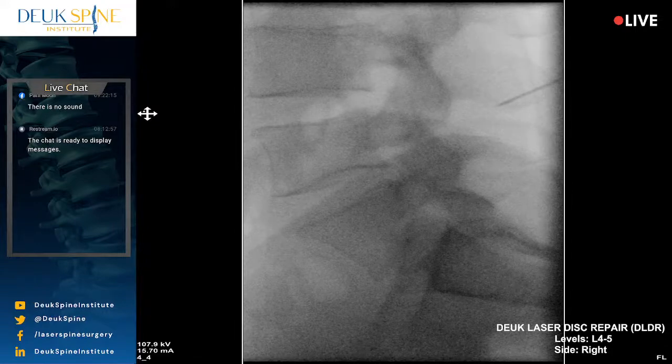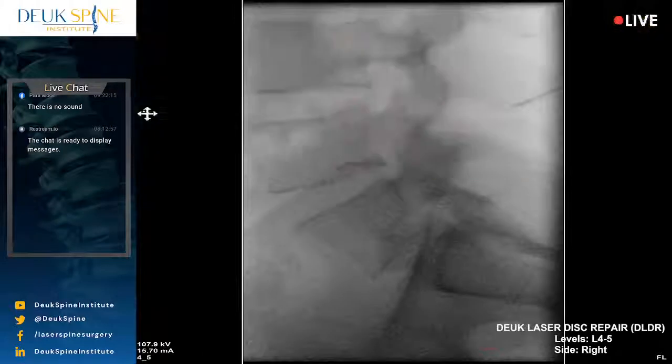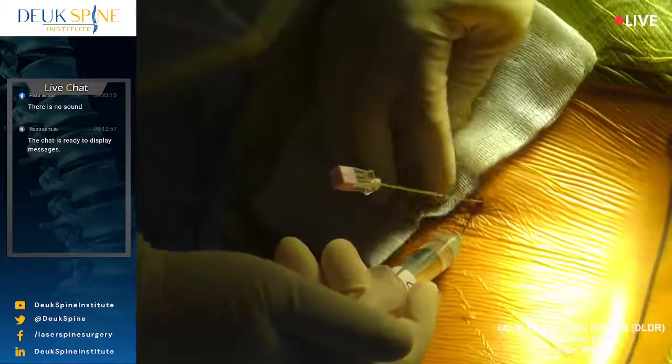So I need to aim for any way we can get that end plate of 4 and 5 a little bit better. I think it's close, but we may be just half a degree, possibly. Let me have some more skin numbing. Yeah, I know.